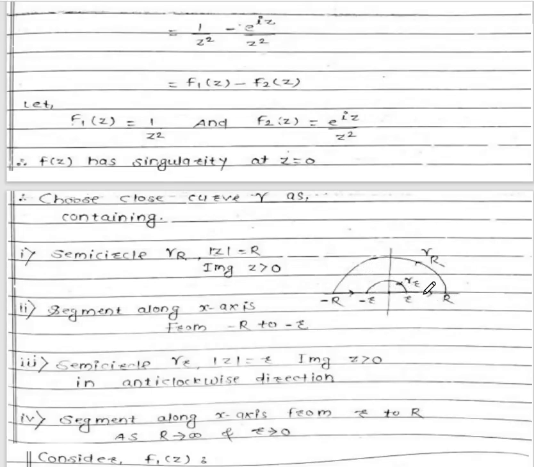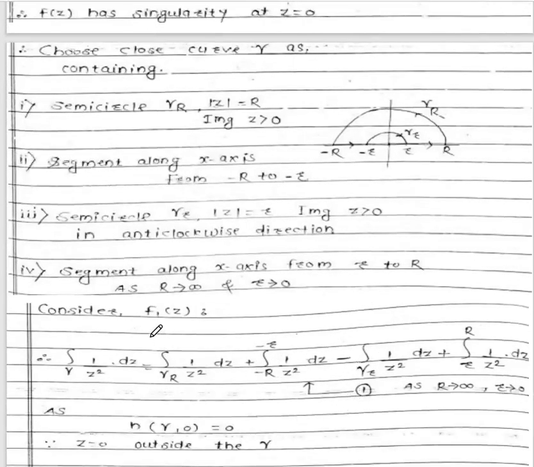So this is the curve gamma r, and this is the curve capital gamma R. Second is the segment along the x-axis from minus R to minus r. Third is the semicircle gamma r, that is mod z equal to r, imaginary part of z greater than 0, in anticlockwise direction. And number 4 is the segment along the x-axis from small r to capital R, as capital R tends to infinity and small r tends to 0.